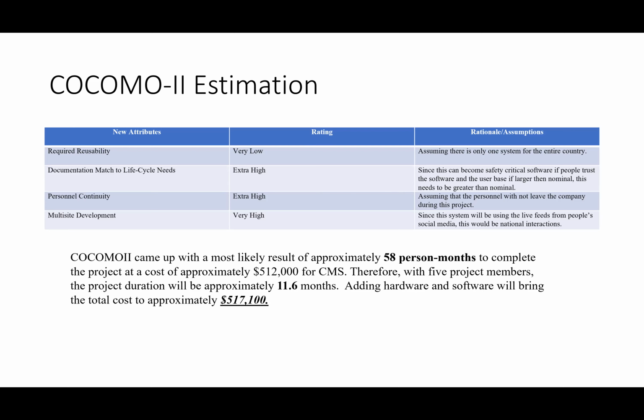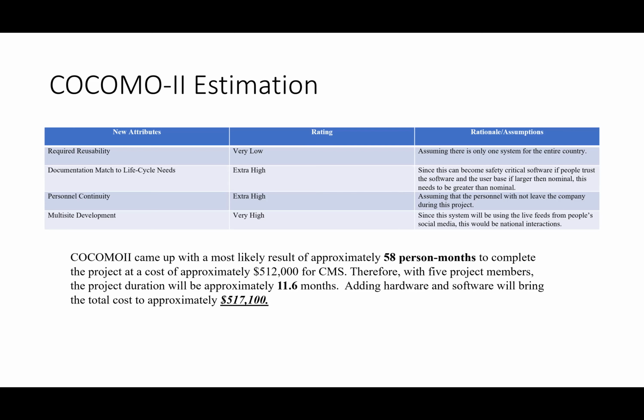And based off these ratings and the total source lines of code, the COCOMO came up with a most likely result of approximately 58 person per month to complete this project. And the labor cost based on that would be about 512,000 for the whole length of the software.